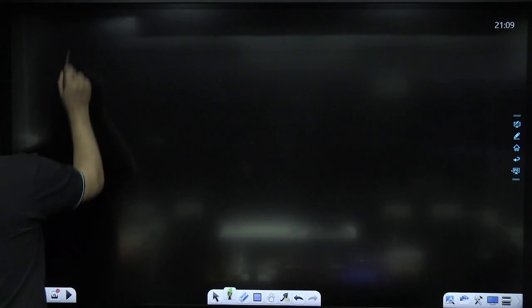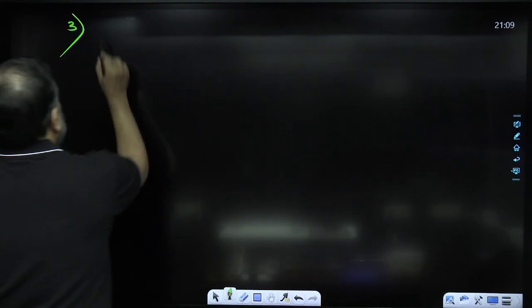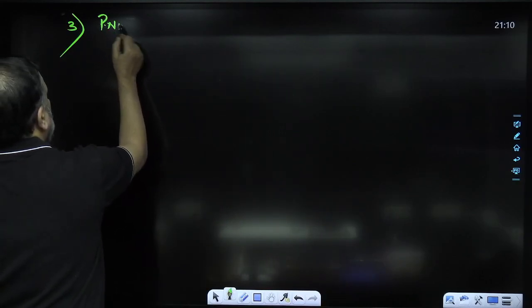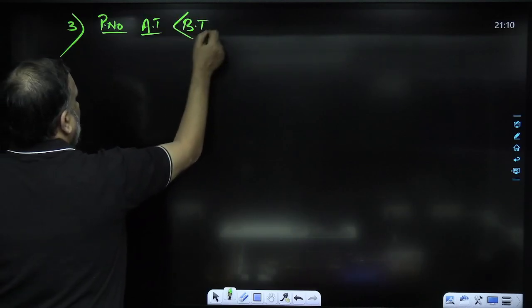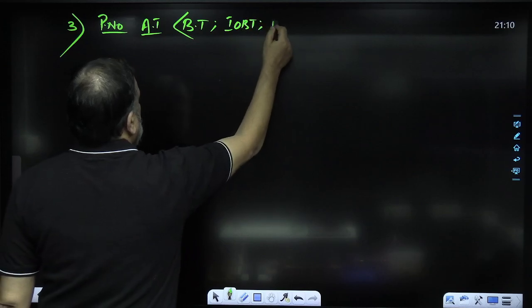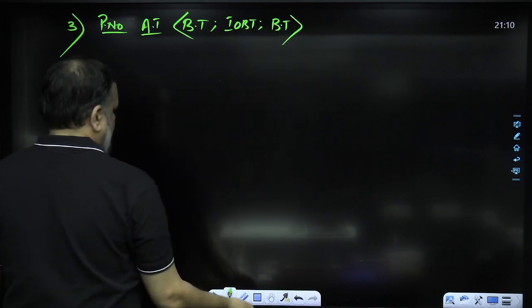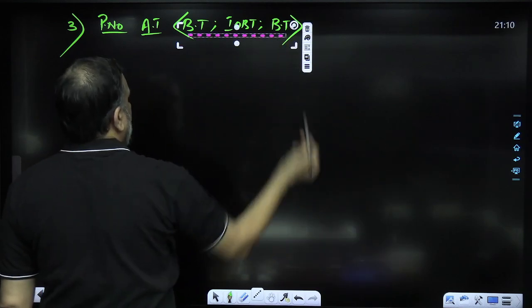Third example: I can even have a data set with IO burst time. You can even work out round robin with IO burst times. For example, I take a simple data set where I have process number, arrival time, and a series of burst time, then again IO burst time, then again burst time. This is the life cycle of the process.